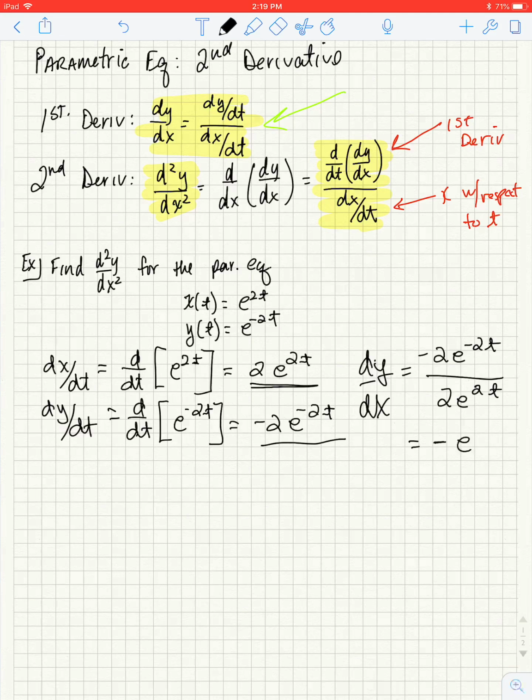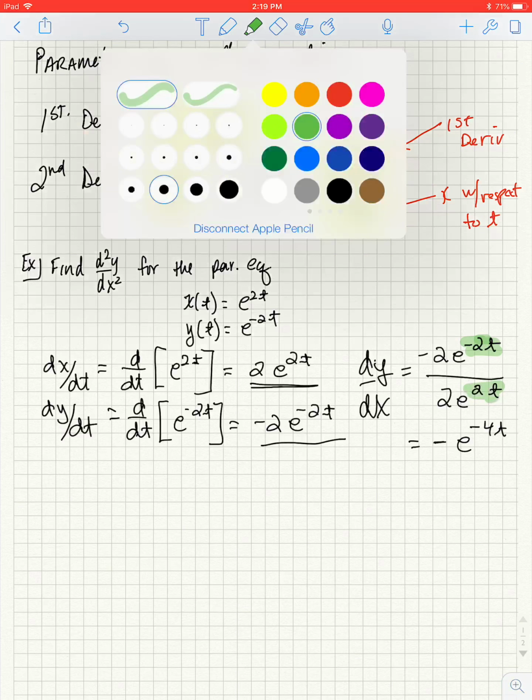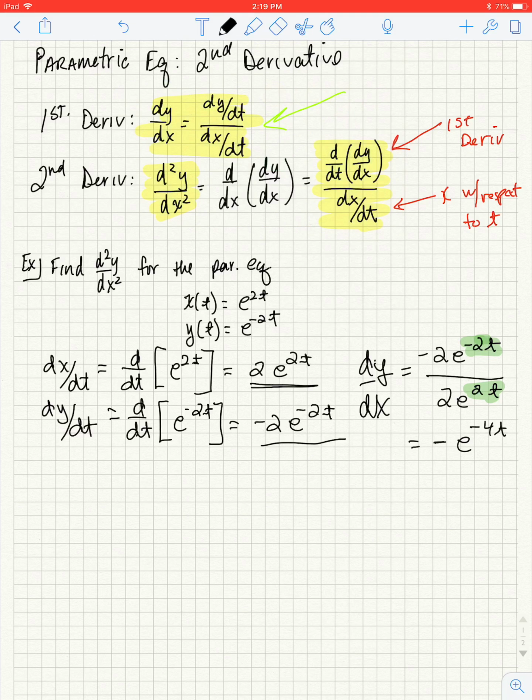You get negative e to the negative 4t. Remember a couple rules. Exponents, same base, you're subtracting, so you get e to the negative 4t. Okay, so that's important because you want to save that, because we're going to use that in the second derivative.